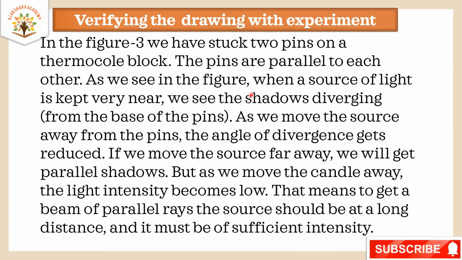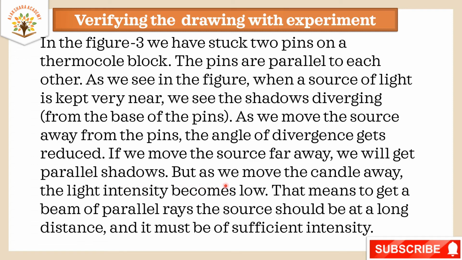Now we'll discuss what happens when a source of light is kept very near. We see the shadows diverging from the base of the pins. In the second situation, if we move the source away from the pins, the angle of divergence gets reduced. If we move the source far away, we get parallel shadows.